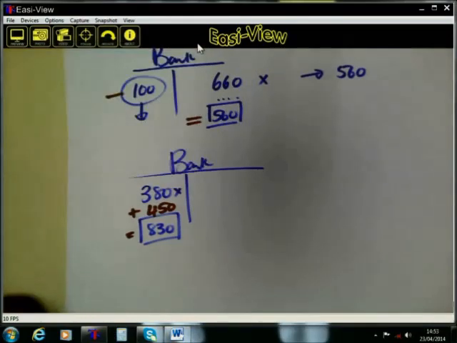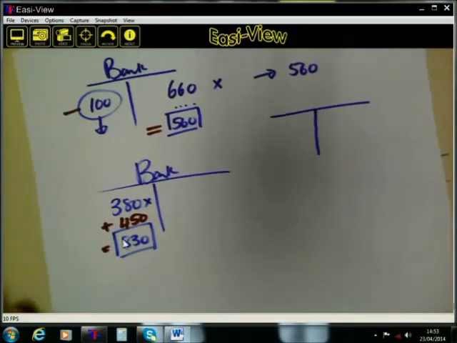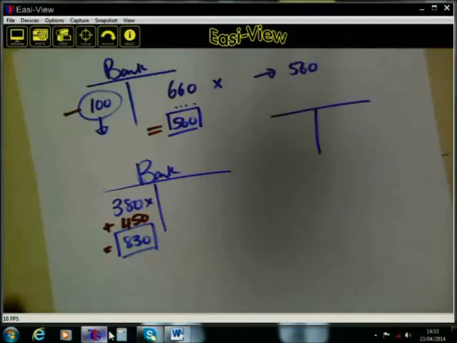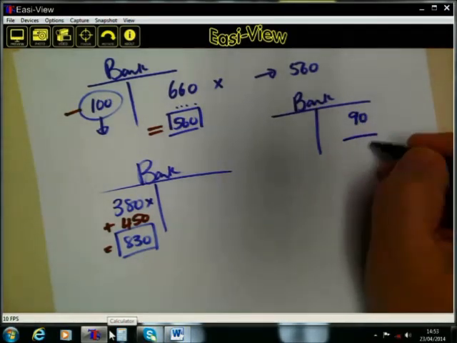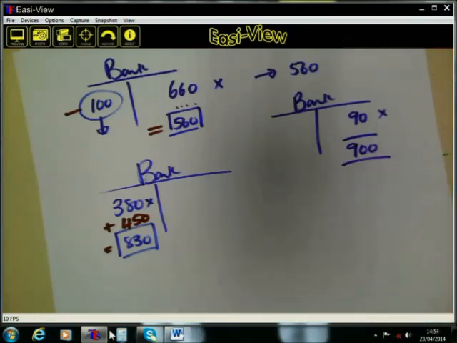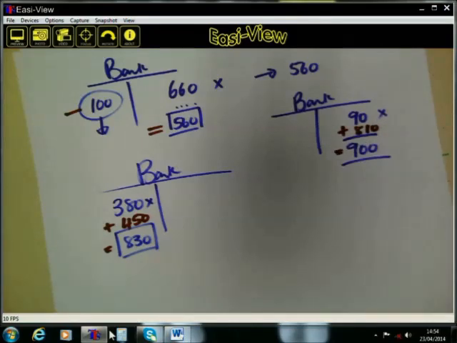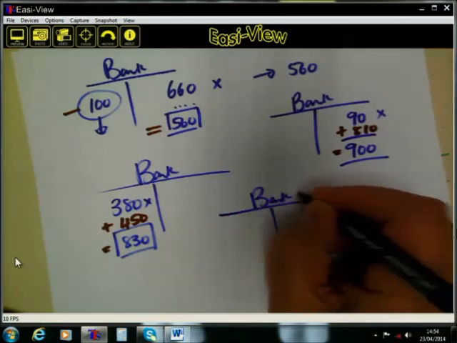Okay, so I'm going to do another one, where the amount in the CPJ is too little. There's the bank, and we've got 90 Rand there instead of 900. That is wrong. The difference between the two is 810 Rand, and that 810 that you must add is exactly the amount that you're going to put in your CPJ. The other one is when the CRJ is too much.